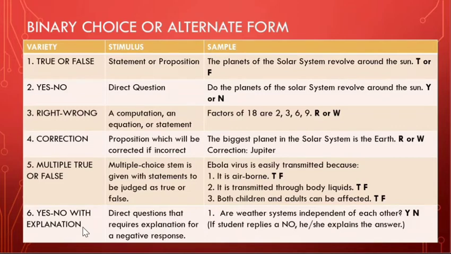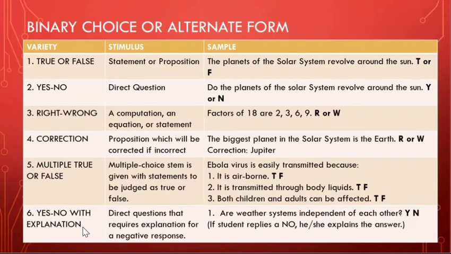Now, in terms of scoring, you have 1 point for number one, 1 point for number two, and another point for number three. So it's a 3-point item assessment for one stem, which is Ebola virus is easily transmitted because of blank. Last, we have the yes or no type with explanation.